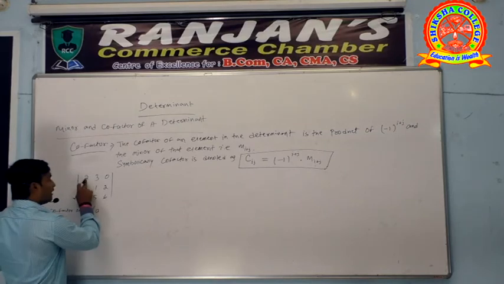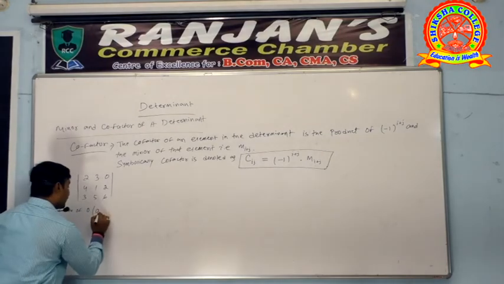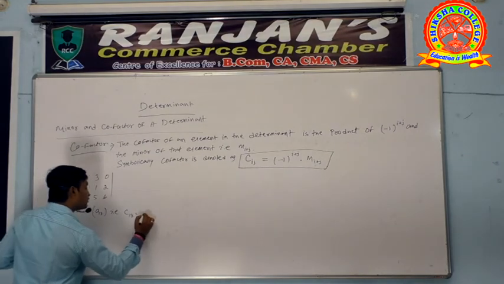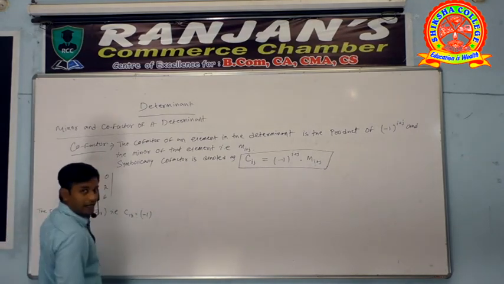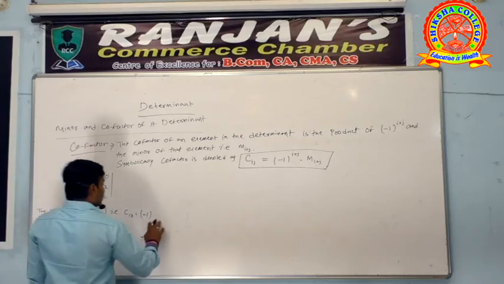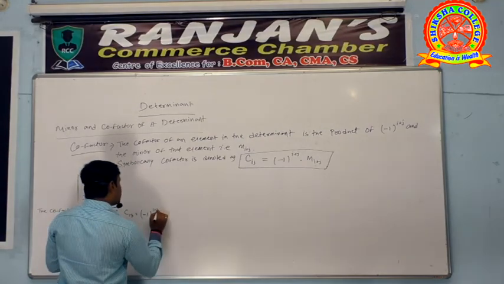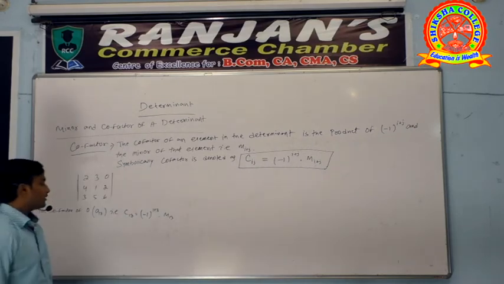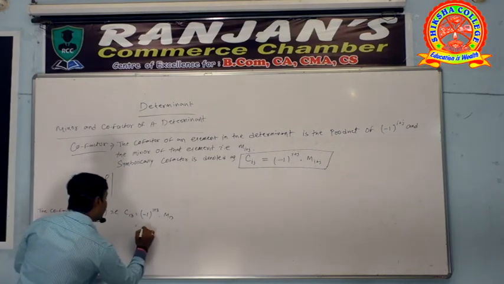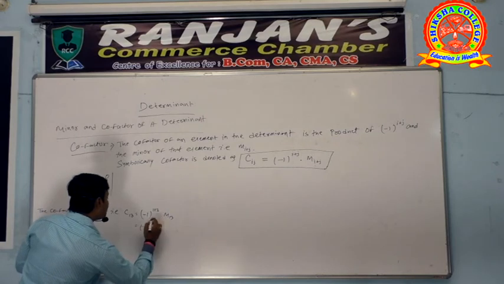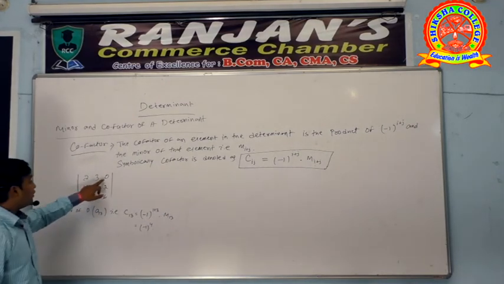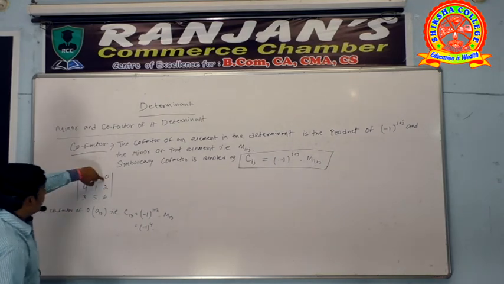A11, A12, A13. It is A13, that is C13, equal to minus 1 to the power 1 plus 3 into the minor of 13. Now minus 1 to the power 1 plus 3, which is 4, into the minor of 13. So what is the minor?